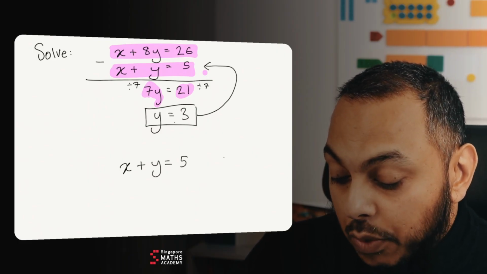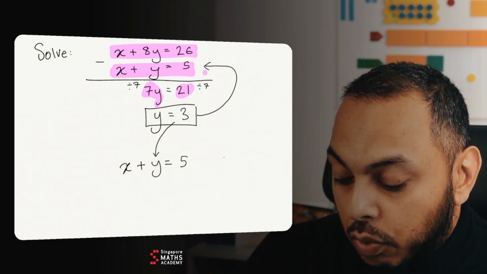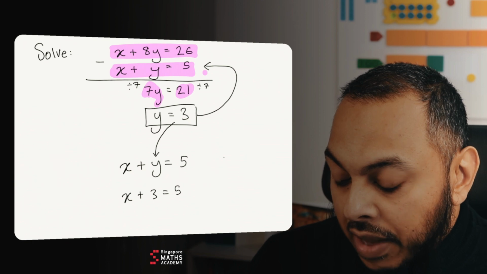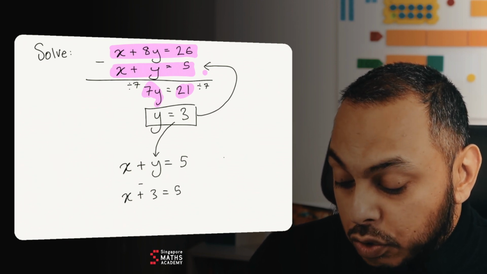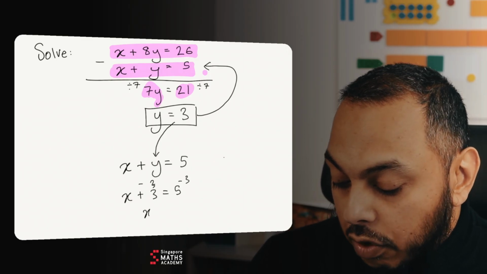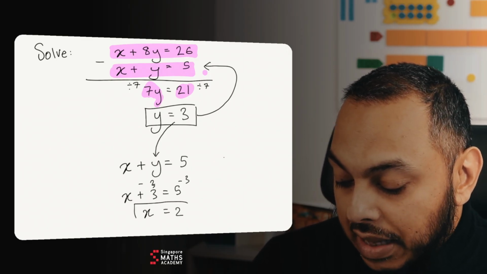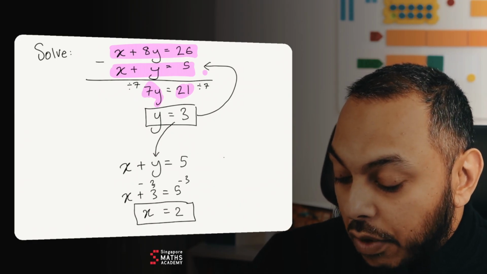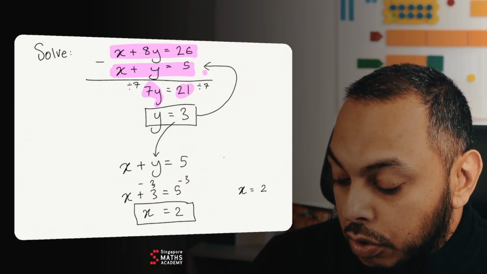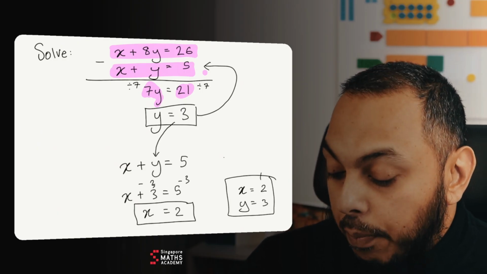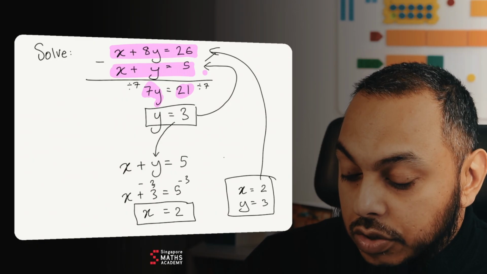Because I've just worked out what y is, I'm going to replace the y with 3, and so I've got x plus 3 equals 5, and therefore x must be equal to 2, right? Because if I subtract 3 on both sides, then I've got x is equal to 2, and that's our second solution. x equals 2 and y equals 3 is the solution we need for both of these simultaneous equations, right?